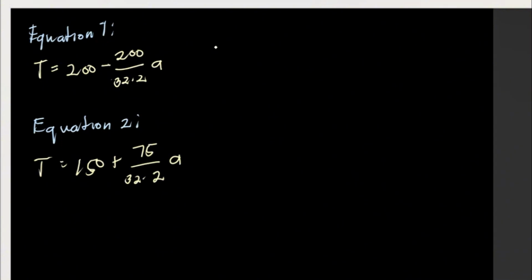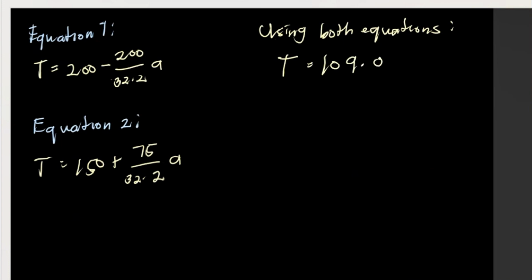So resolving two equations simultaneously, we will have our answer for T. So that is the value of T: 109.091 pounds. This is the tension in the cable.